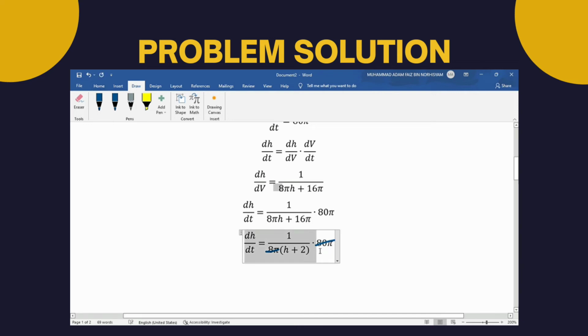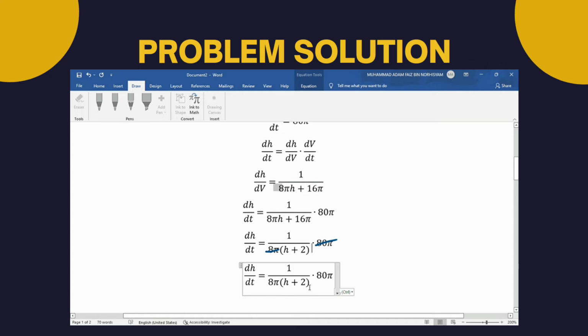Our next equation will be like this. So, our equation will be dh over dt equals 1 over h plus 2 multiplied with 10. Or we can also write this as dh over dt equals 10 over h plus 2.